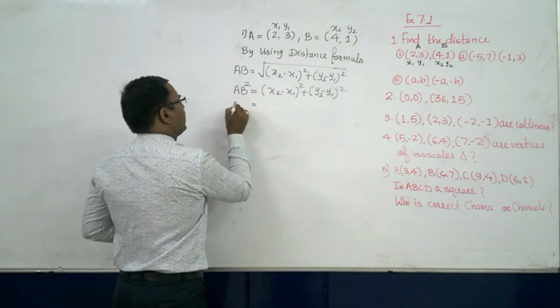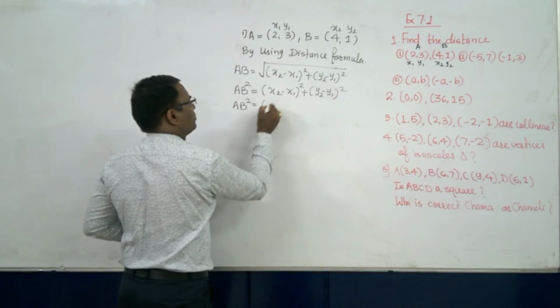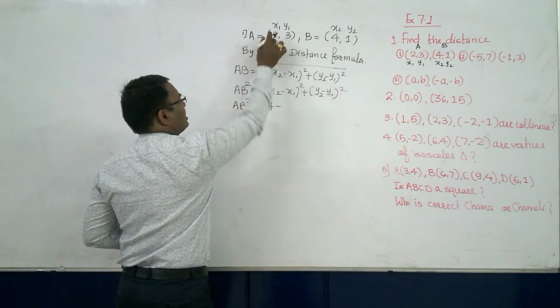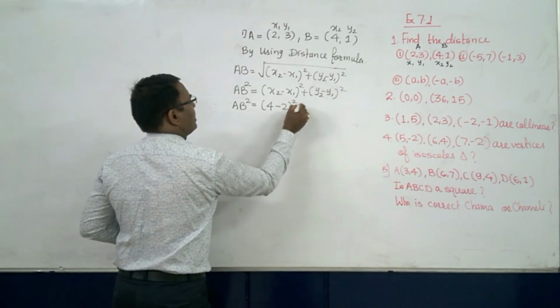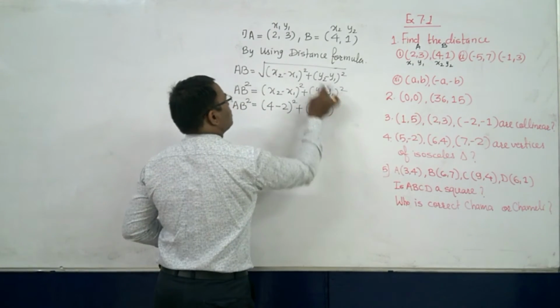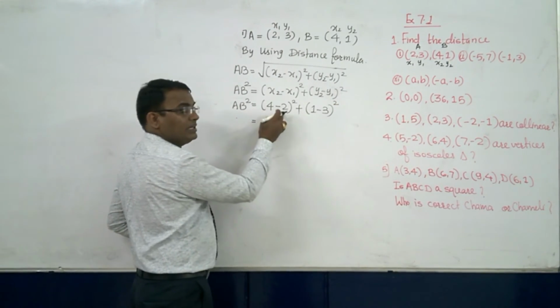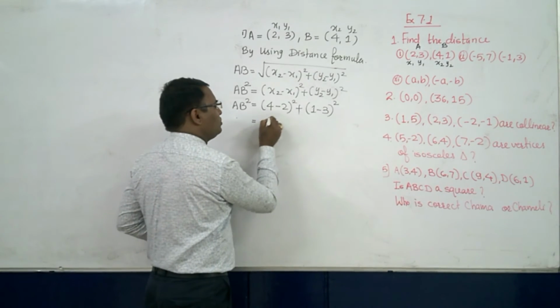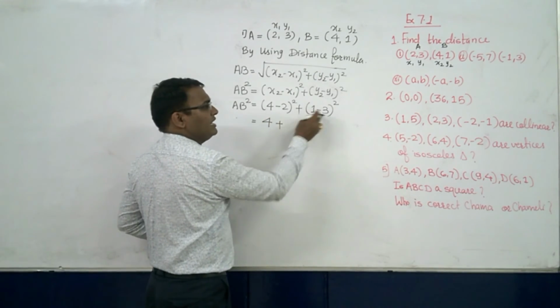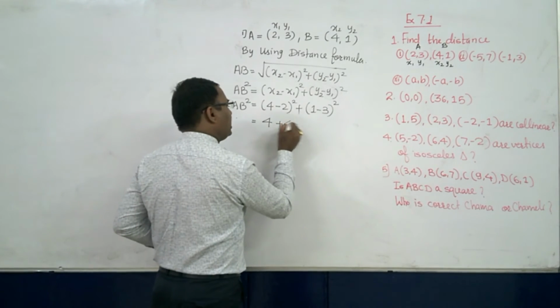Now AB square is equal to, what is your x2 here? It is 4. What is your x1 here? 2 square. What is your y2 here? 1 minus, what is your y1? 3 square. So it will become 4 minus 2, that is 2. What is square of 2? 4. 1 minus 3 is minus 2. Square of minus 2 is again 4.